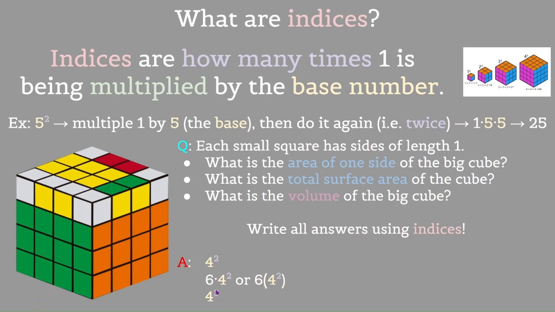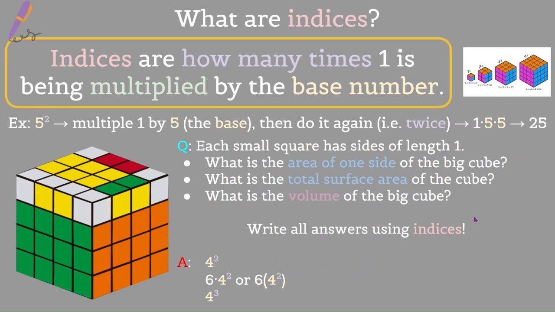We can rewrite that with an indice of 3: multiply 4 times 1 three times, so 1 times 4 times 4 times 4. It's also equal to 4 to the third power. That would be our volume of the cube. All right. You might want to write this down too if you're taking notes.